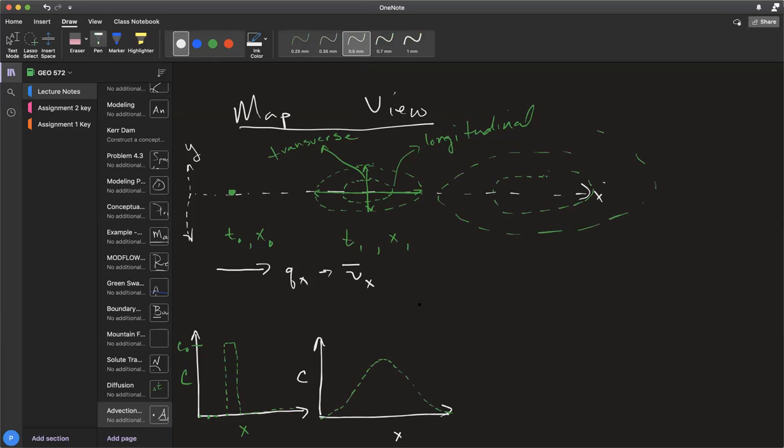So that if we came out here, the concentration would now look like this. So we go from a peak, we're getting spread out laterally.